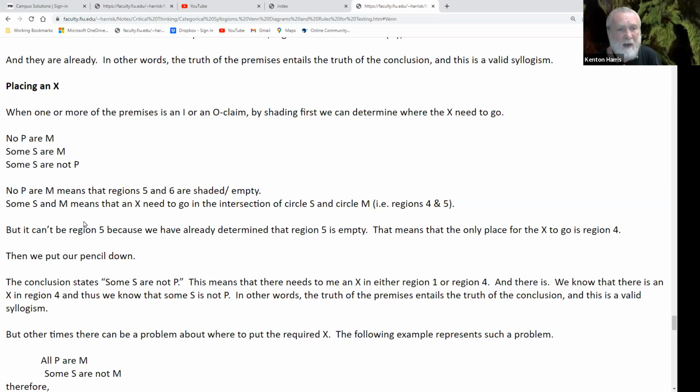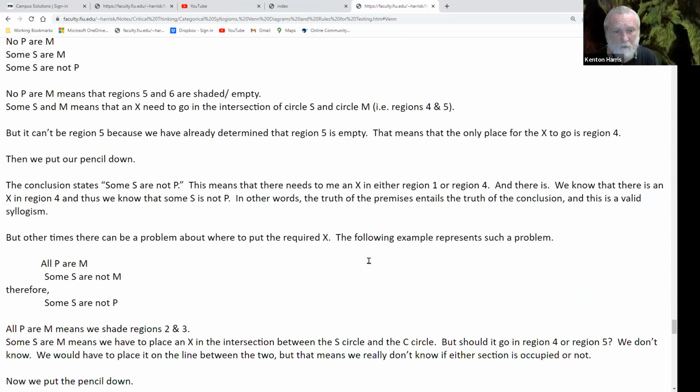In other words, the X has to go either in region 4 or in region 5. But we've done our shading and we know it can't go in region 5. Why? Because region 5 is empty. Our major premise told us that. So the only place for the X to go is in region 4. So that's where we would place the X, by process of elimination.